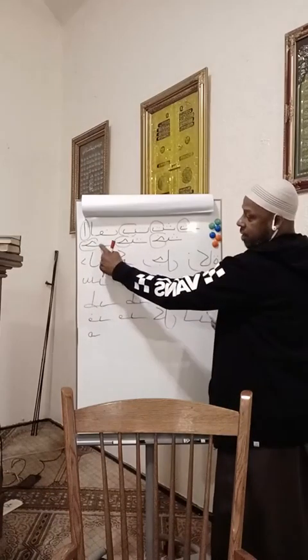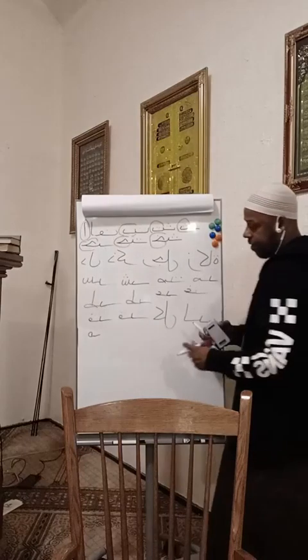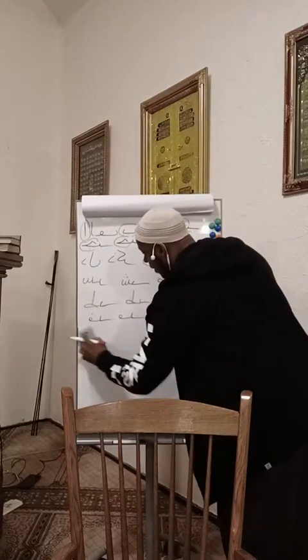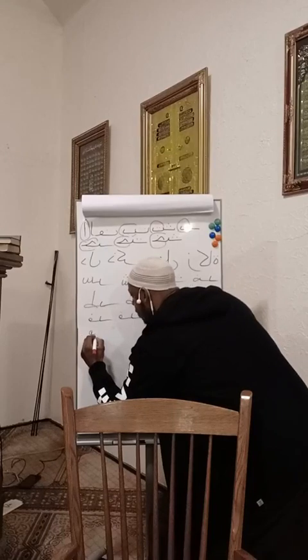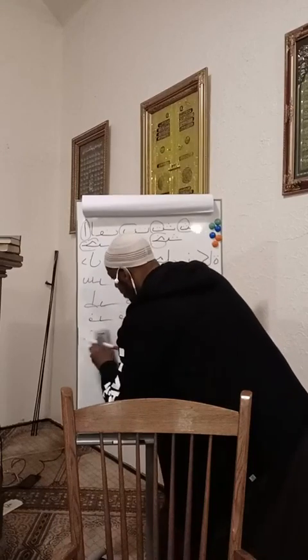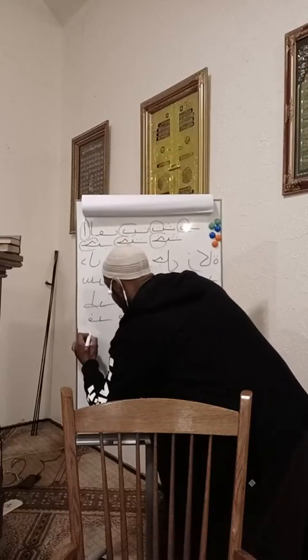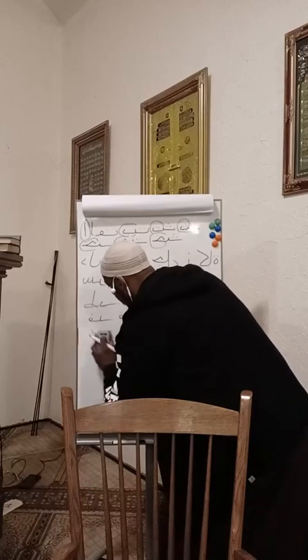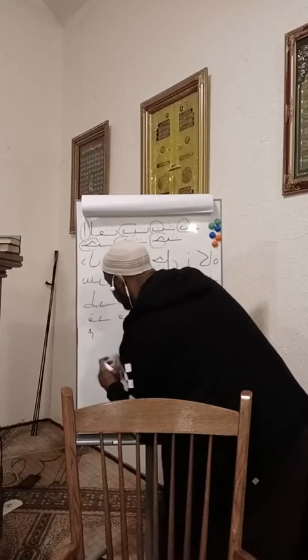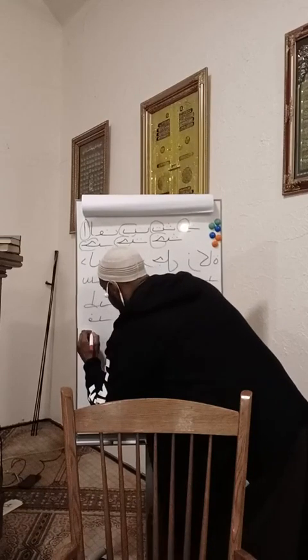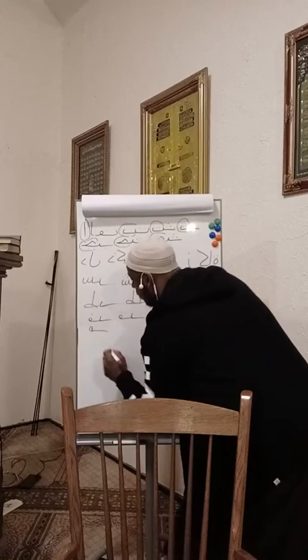So let's just say I redid that line, right? All I'm doing is bringing it over. We got the meem, right? So we're taking it, we're going here, and we're bringing it over.